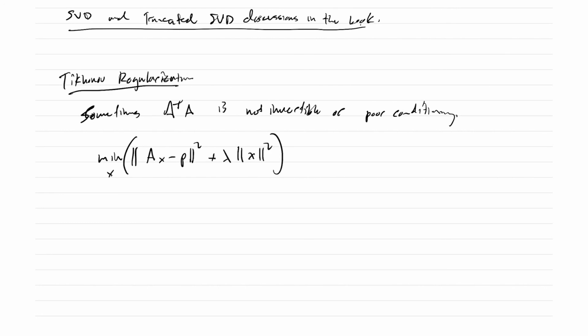This ultimately will lead to this algebraic equation, this normal equation, where you end up having A transpose A plus lambda times the identity matrix, times x, is equal to p.